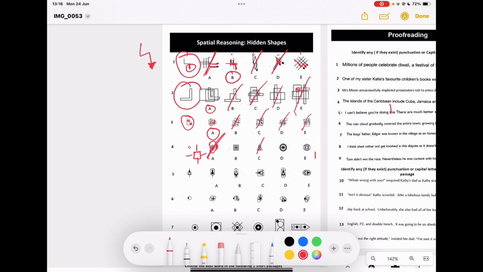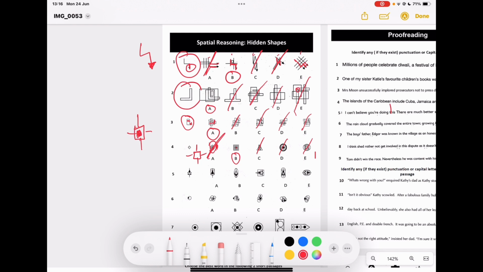It's not C, and it's not D because of the size, and neither is it E. So our answer will be B. It's the square with the 4 sides sticking out, and then there's a black area in the middle.